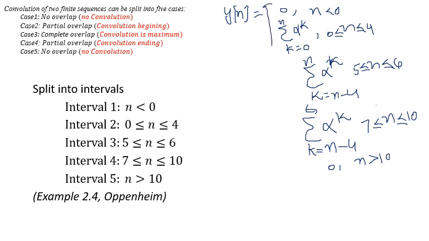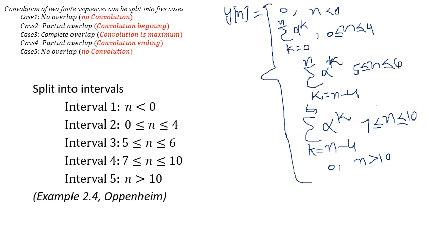So that's the generalized expression for different values of n. By looking at this, we can say that we can split the convolution sum into different intervals, right?